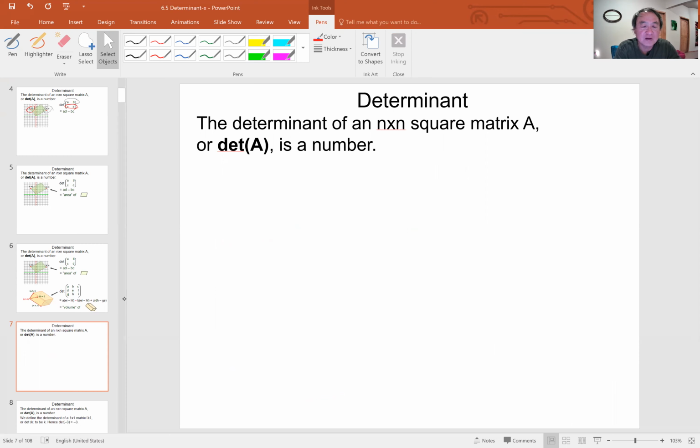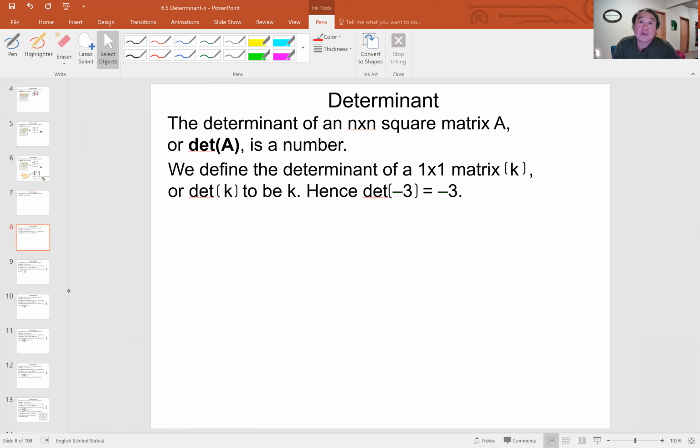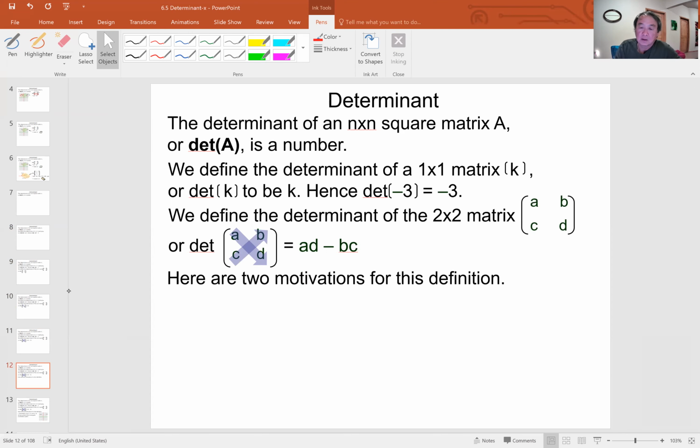We define determinants for n by n matrices, those square matrices. For a 1 by 1 matrix, the determinant is just itself; the determinant of the matrix [-3] is -3. And for 2 by 2, as we said, it's the diagonal difference in that order.